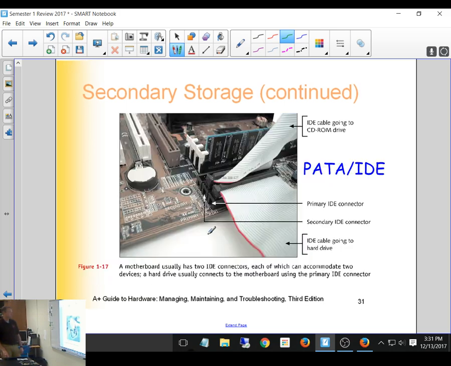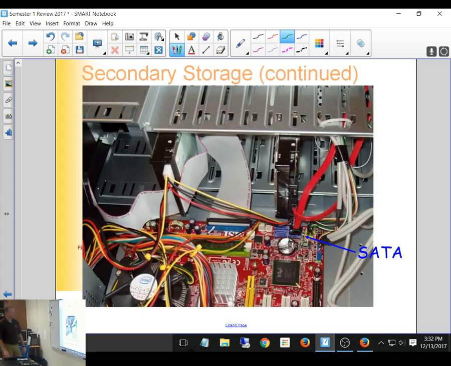Secondary storage devices include the hard drive. There's different ways to connect it up. We've learned this both here and in motherboards. We've got the older PATA connection, and then we've got the newer SATA connection, which is much faster. We can find where those connectors are on a motherboard and identify how many SATA connectors there are.